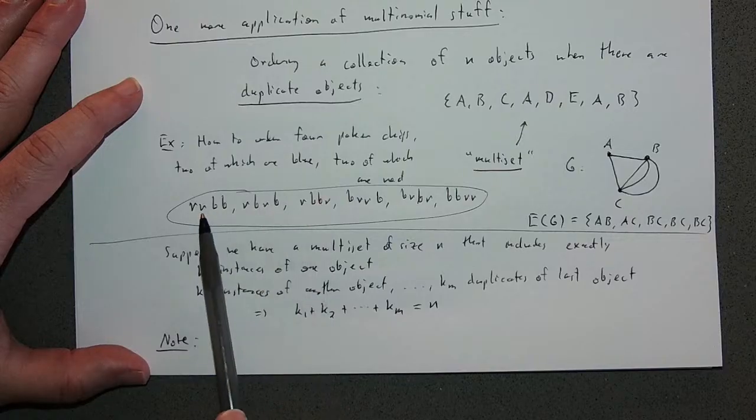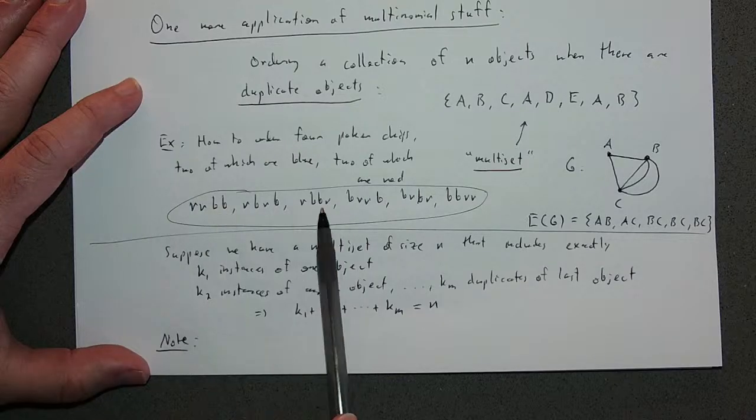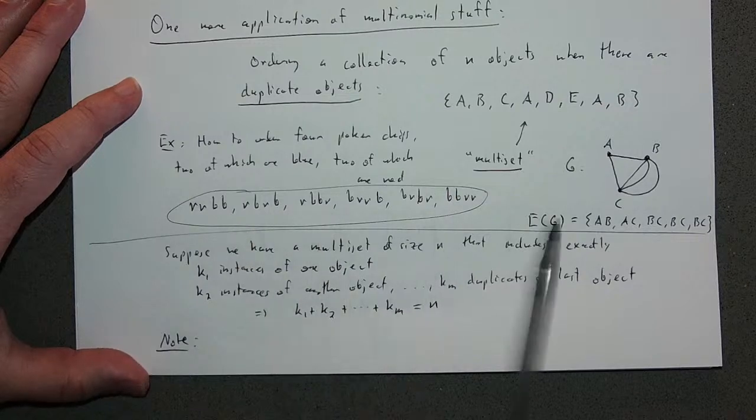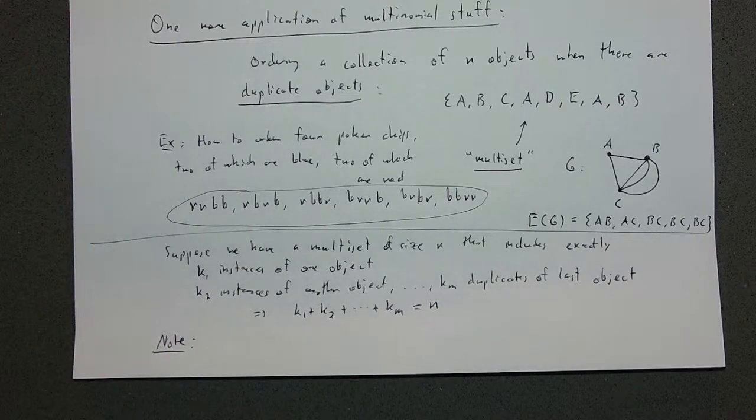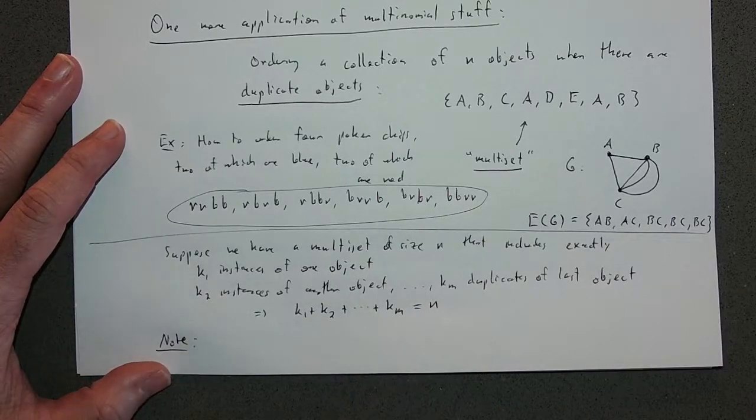But here, it means that I could swap this red with the first red, and it doesn't do anything. I could swap this blue with the first blue that shows up, and it doesn't do anything. Swapping these two blues does nothing. Swapping these two reds does nothing, right? In each of these examples. And that's why I'm undercounting. I can permute each of these amongst themselves, and I can't tell the difference because they are duplicate objects.